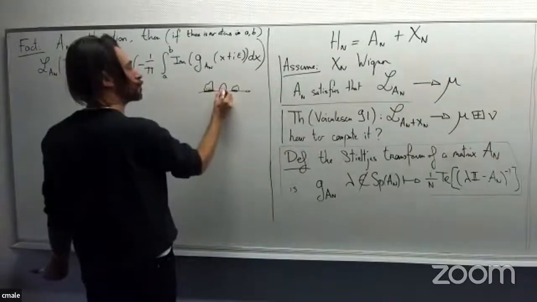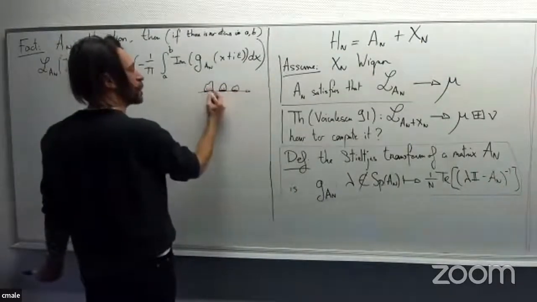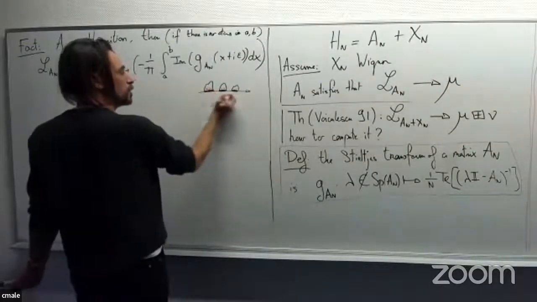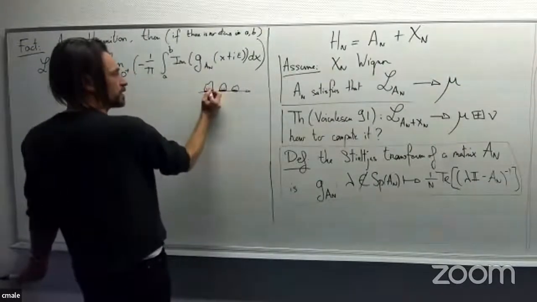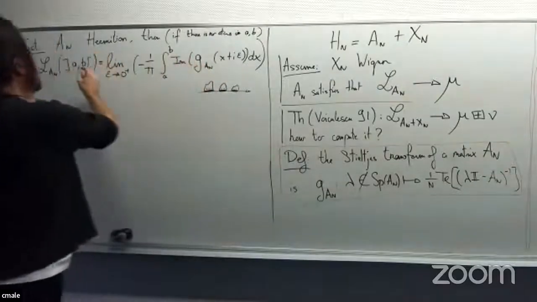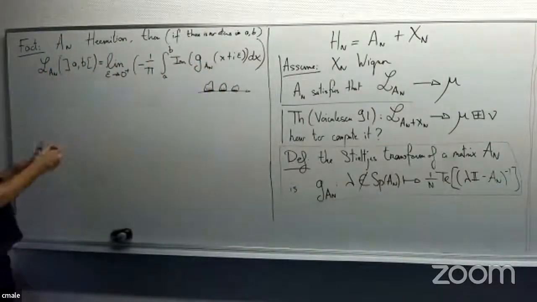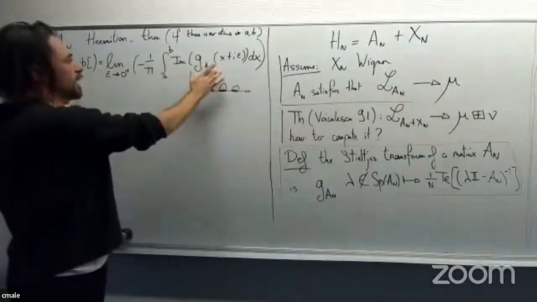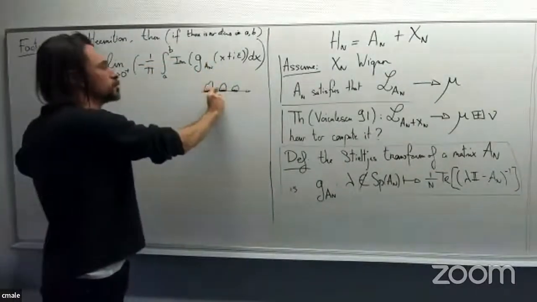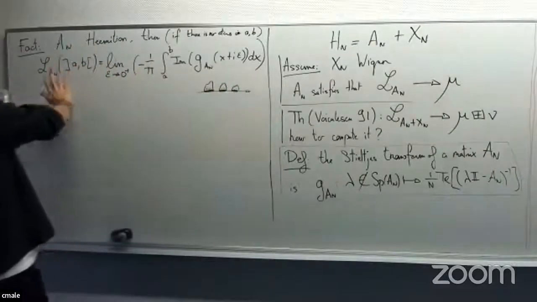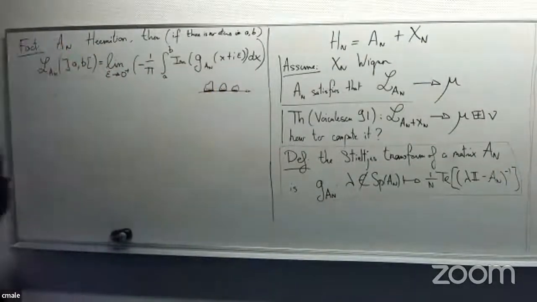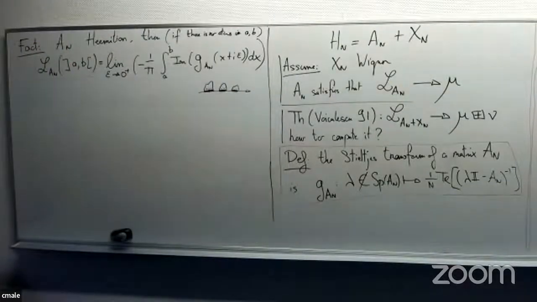And if you know how to compute the Stieltjes transform close to the real axis, but at some bounded distance, then you will be able to understand the eigenvalue distribution. And in practice, it works very well. When you know the numerical values of this guy, you will be able to compute the density of this empirical eigenvalue distribution.